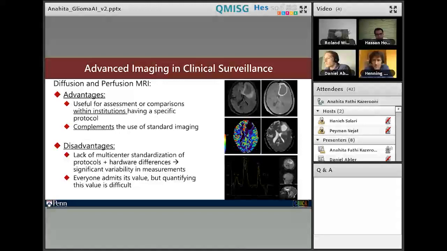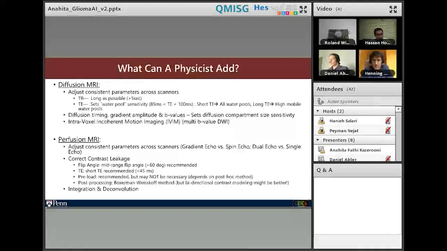And they could complement the use of standard imaging, but there are some problems with them as well. Everybody can admit that they are very useful, but they cannot quantify this value. And there's a problem with quantification, or standardization, when we have different protocols at different institutions.